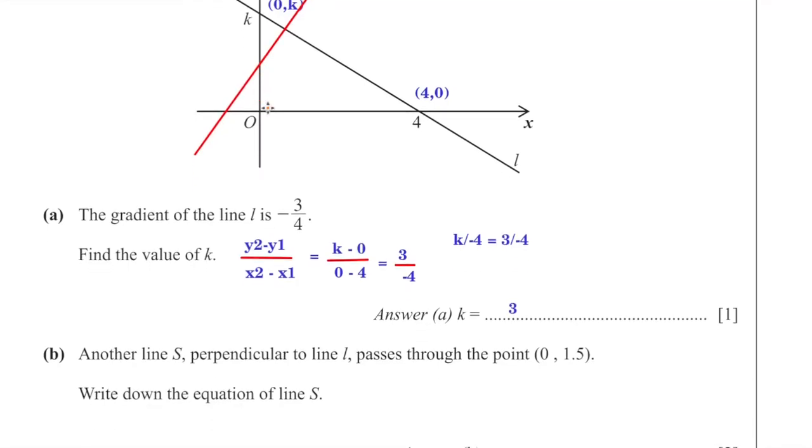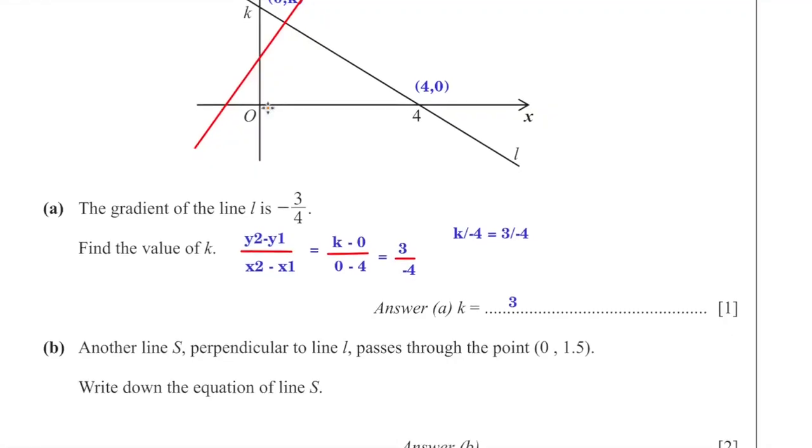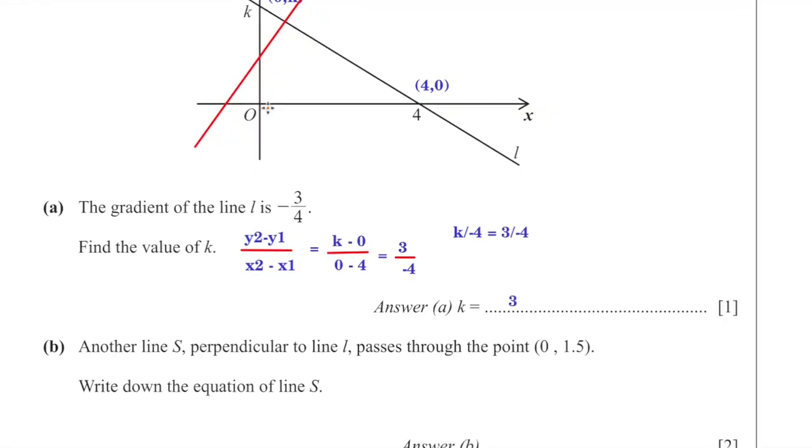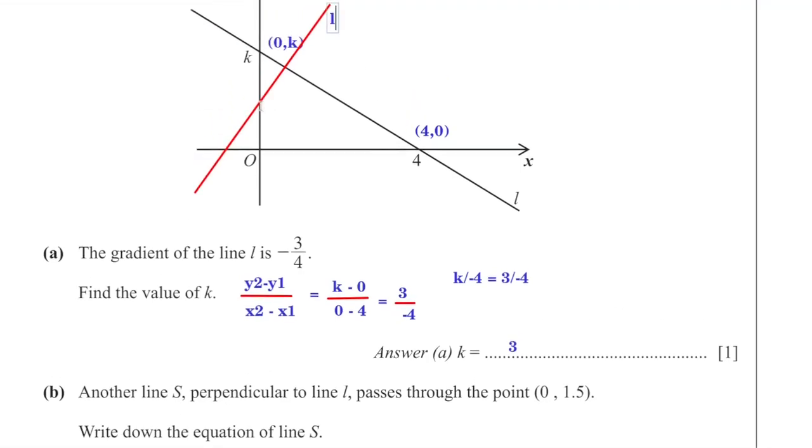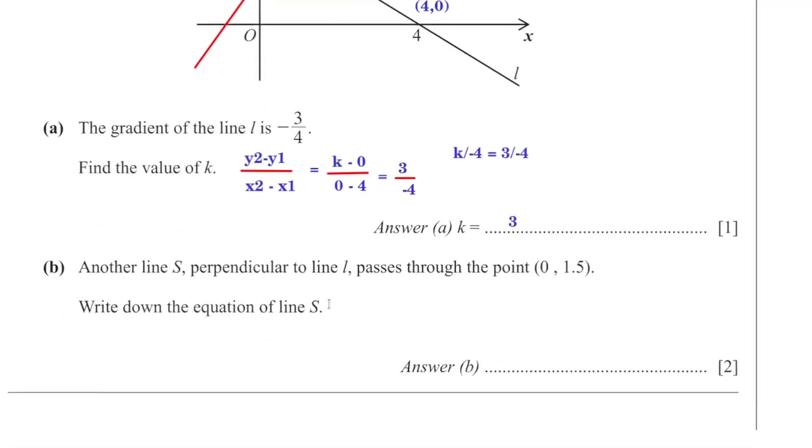Find its equation. Then what's the equation of this line? It's passing through 0, 1.5 here, and it's perpendicular to L. So what's the gradient of that line? First things first, the gradient of this line is going to be the negative reciprocal of this one here. That's the gradient of the perpendicular.